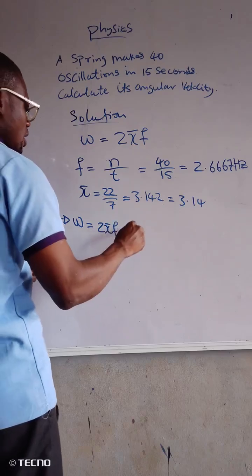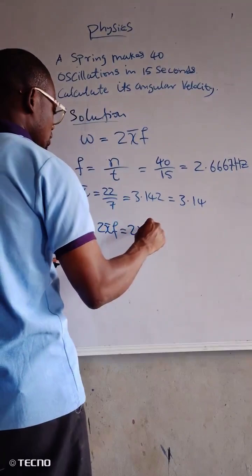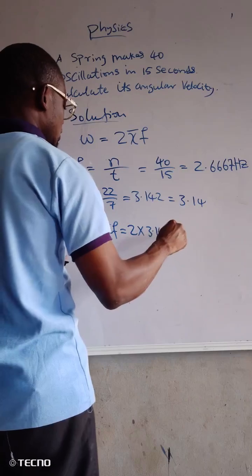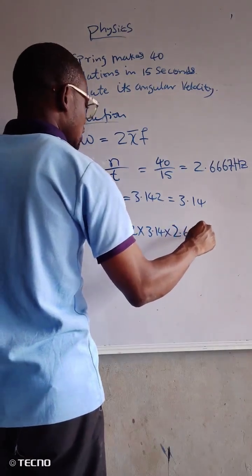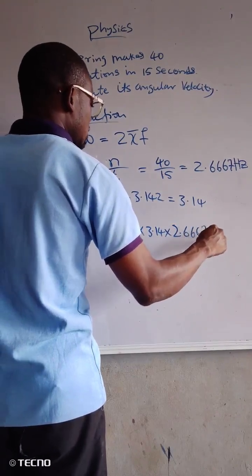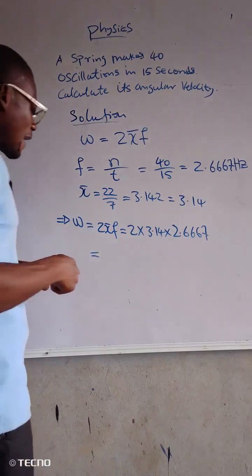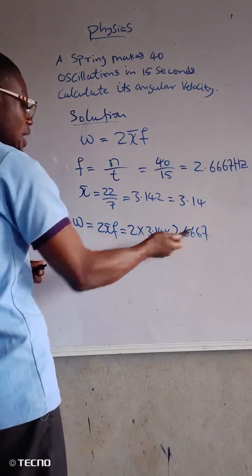Putting in our values, we have 2 times 3.14 times 2.6667.